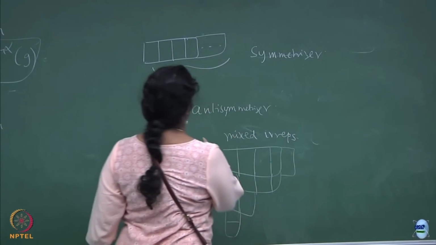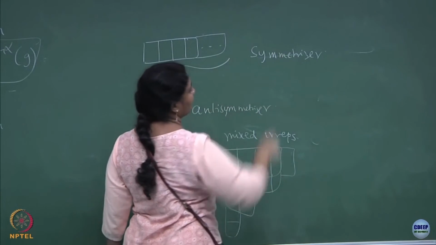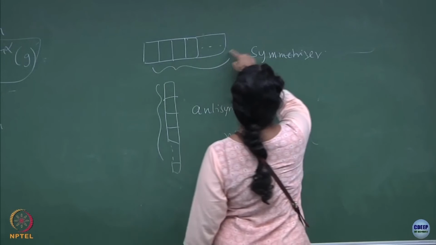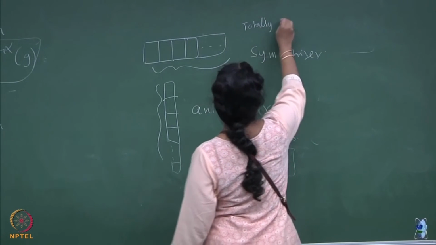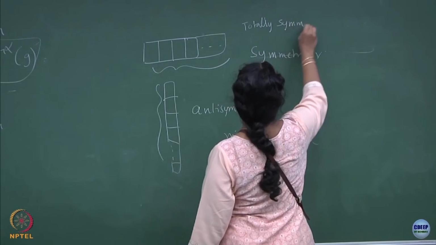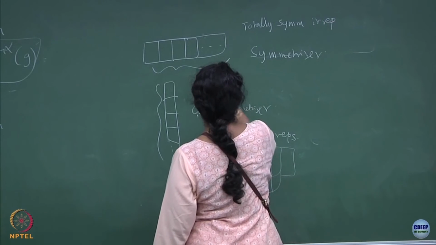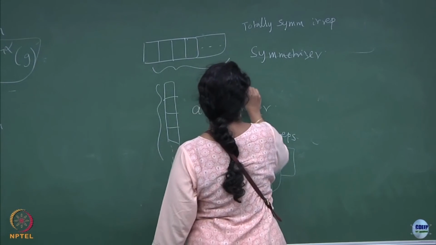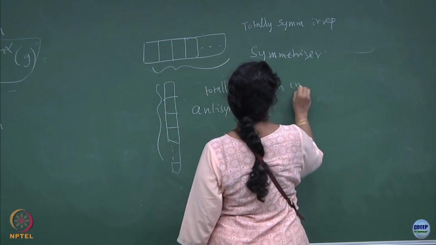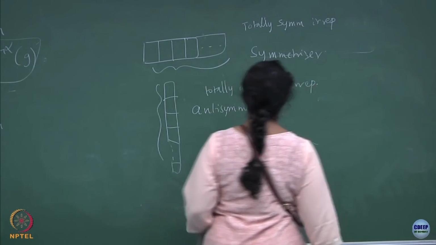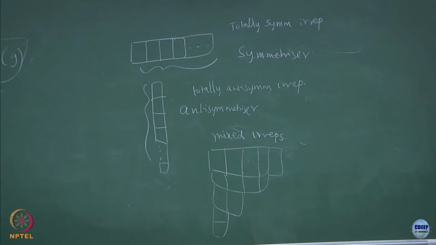Okay. So, this is antisymmetric irrep. This procedure is called symmetrizer. So, I can say that this is totally symmetric irrep, this is totally antisymmetric irrep. And this is some mixed irreps. Okay.